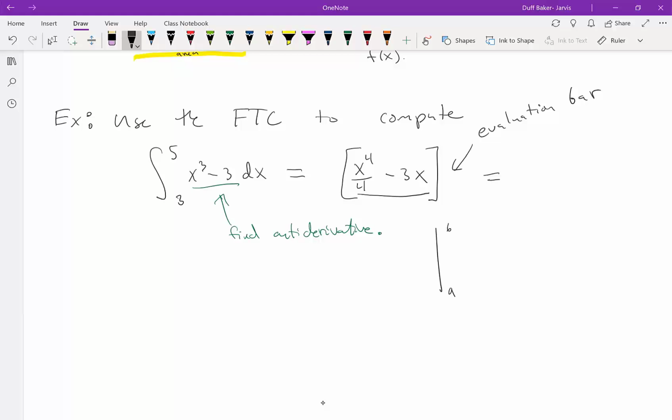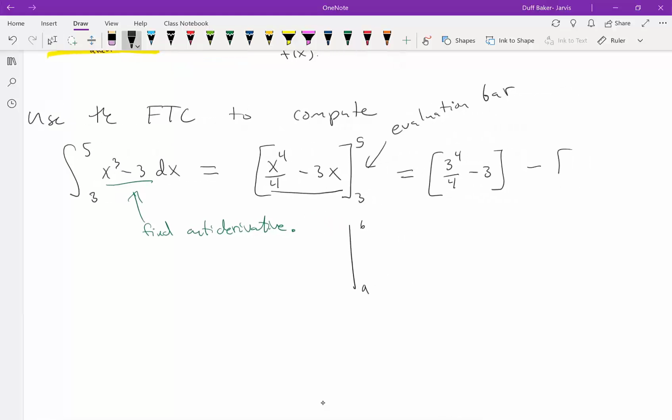Okay, so here let's put our actual numbers, 3 to 5. So you'll plug in 5 for x, and then you'll do the same with the bottom number. Sorry, I said top number first, and then I write the other one: 3 times 5. And then you plug in the bottom number, 3.